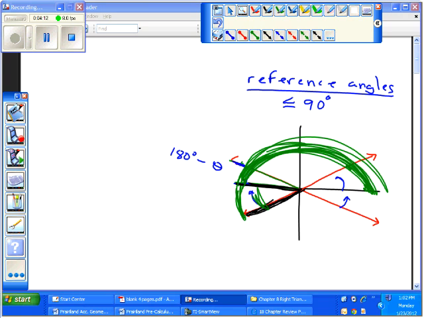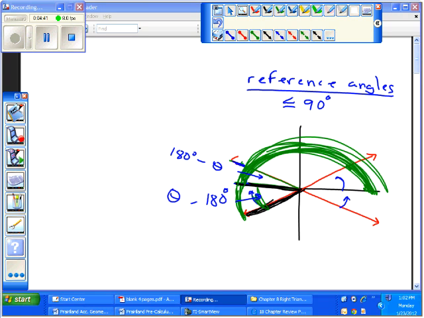So in that situation, we're taking away the 180 degrees from the original big angle. So if we want the measure of a reference angle in this position, then to find it, we're going to do 180 degrees minus the original angle. But if we want a reference angle for this position, we're going to take the angle minus 180 degrees.